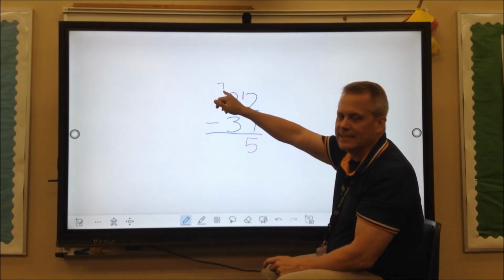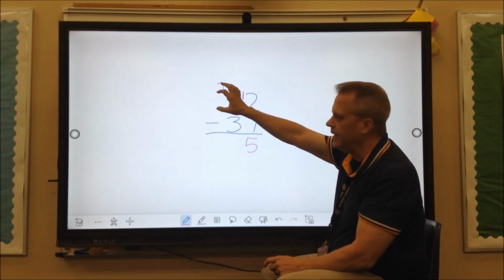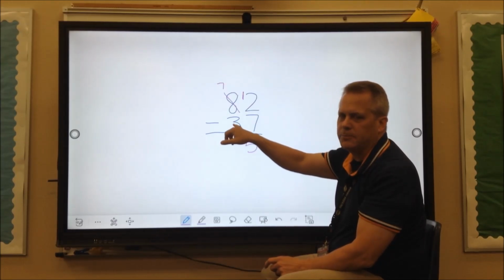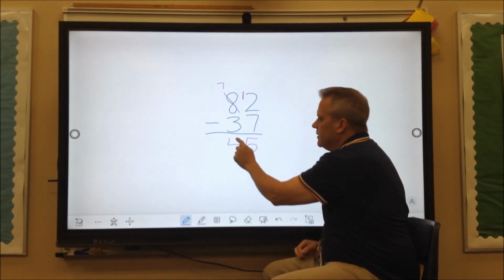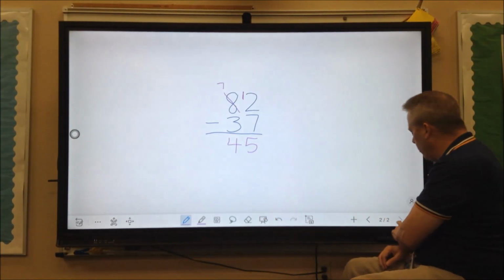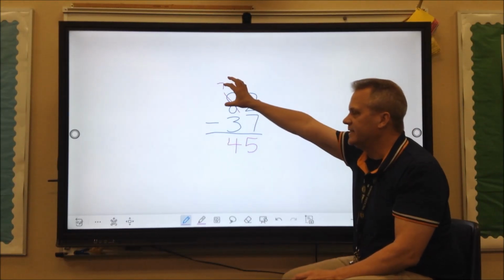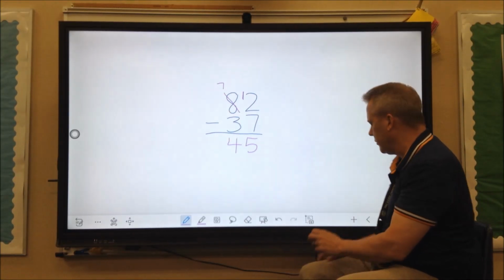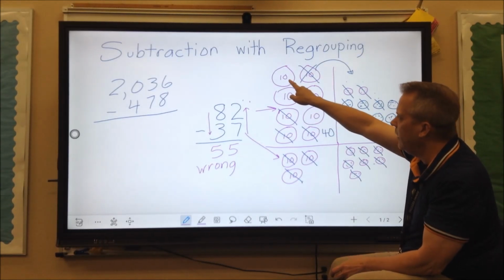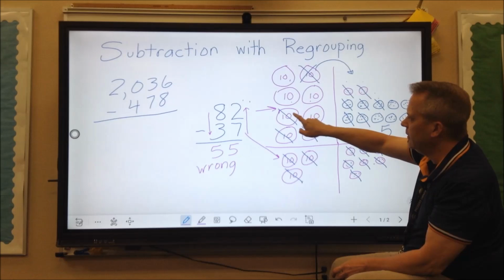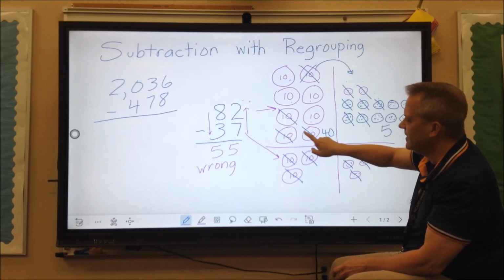7 tens, 7 groups of 10, take away 3 groups of 10. So 7 take away 3 is 4. And if I go back right here, 7 groups and 3 groups, if I go back to my cookies, I had 1, 2, 3, 4, 5, 6, 7.